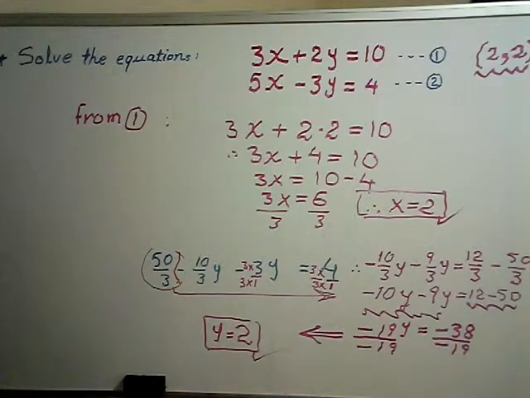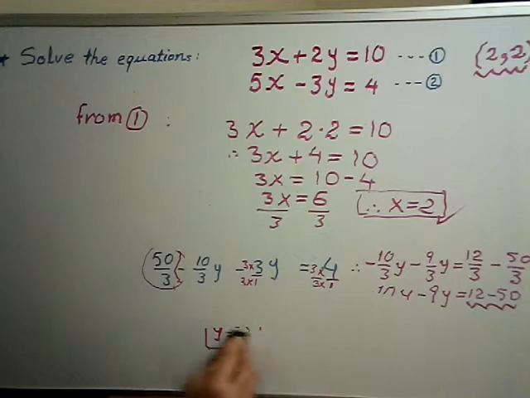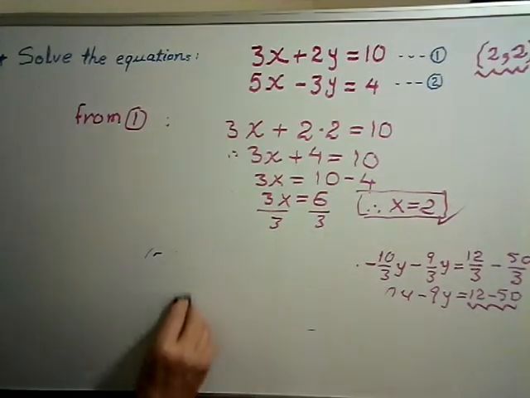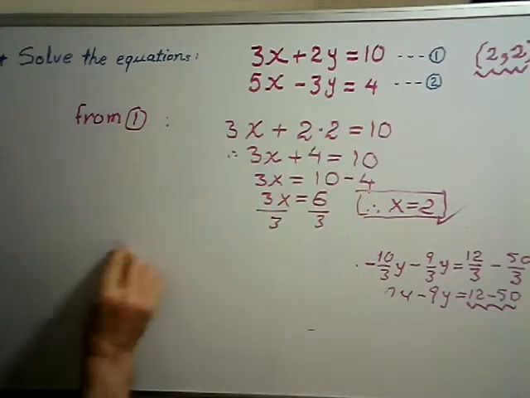Now, as we mentioned, two ways to solve these two linear equations. Also, we can do it by a third method. The third method is the graph. Just draw the graphs for the two lines. This is represented by a line and this is represented by a line.